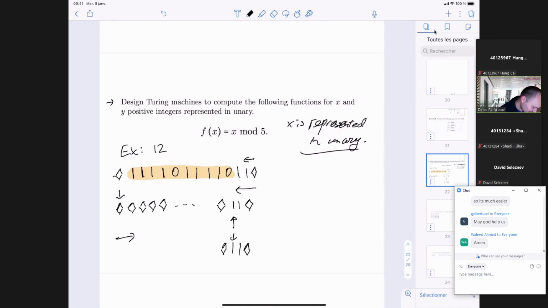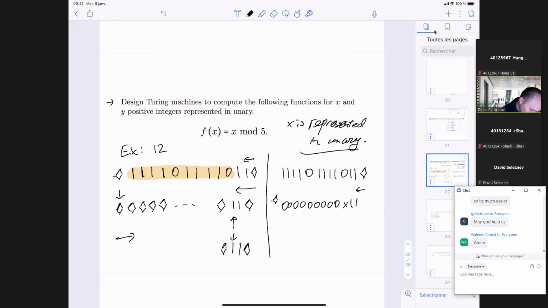Rather than doing this strategy, we do something similar. We still go and mark every fifth character with a 0. But then when we hit a blank and we start scanning to the left, we mark the first 0 that we encounter with an X, and then everything after that is essentially remarked with a 0.